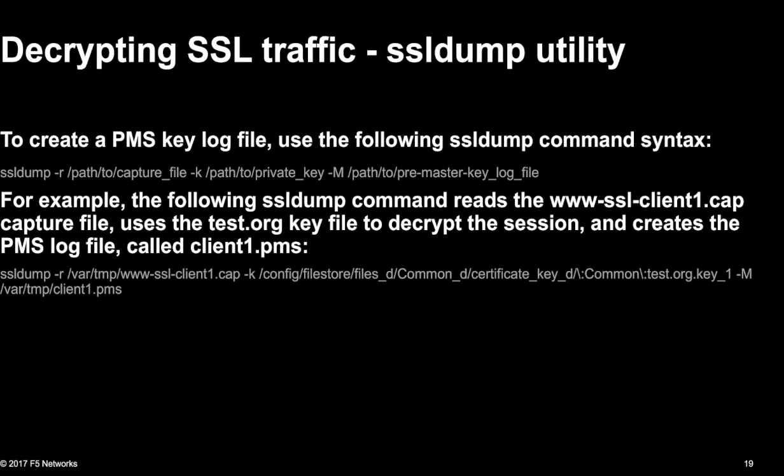If it is client side, it will be the key of the SSL client profile. If it is server side, you will need the key of the backend server. And the end path is where you will generate that PMS output file.